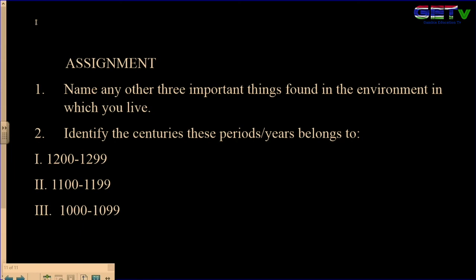Which century does it belong to? Two, 1100 to 1199. Which century does that belong to? And three, 1000 to 1099. Which century does that also belong to?